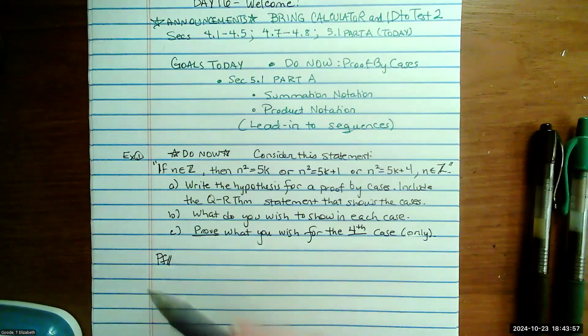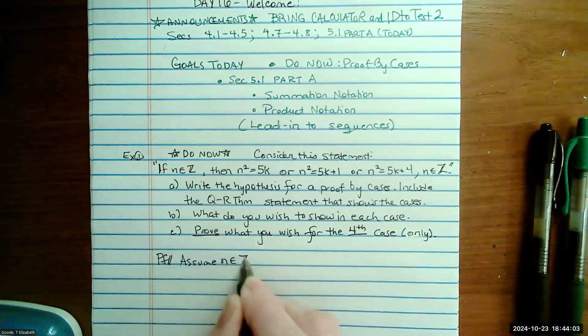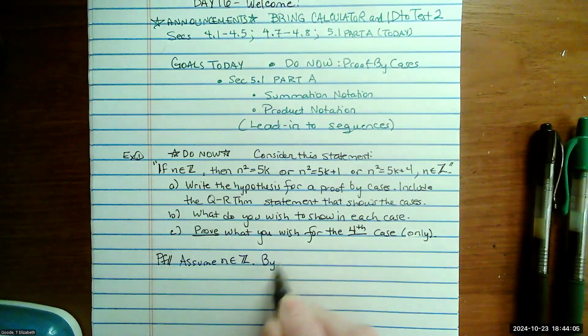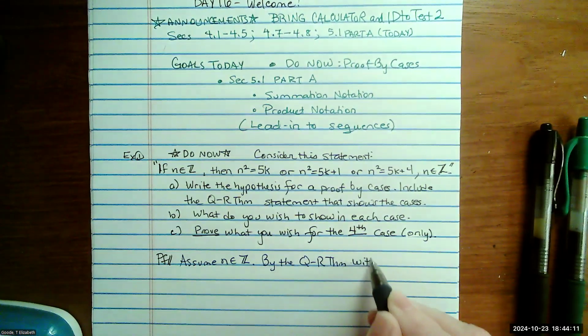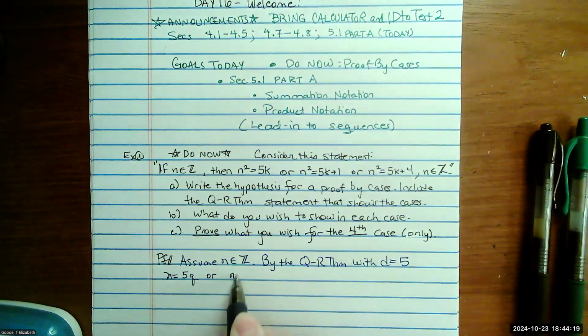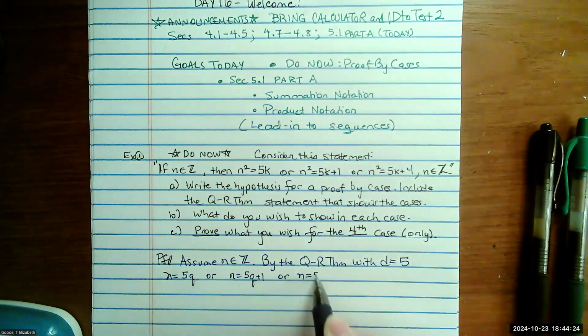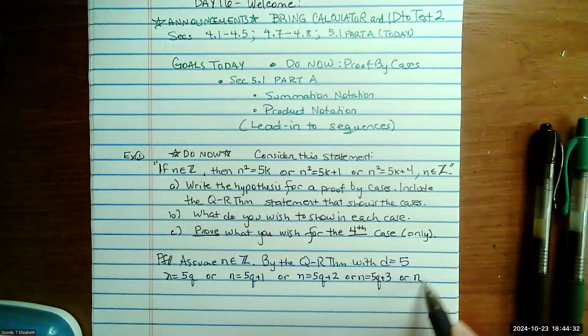So I hope for your proof that you say something along the lines of assume n is an integer, or assume n is in Z. Then we just say, hey, by the QR theorem, with D equal 5, n is equal to 5q, or n is equal to 5q plus 1, or n is equal to 5q plus 2, or n is equal to 5q plus 3, or n is equal to 5q plus 4.